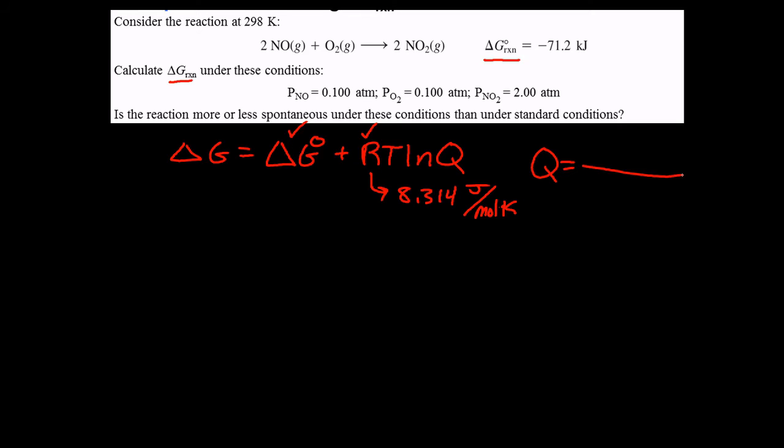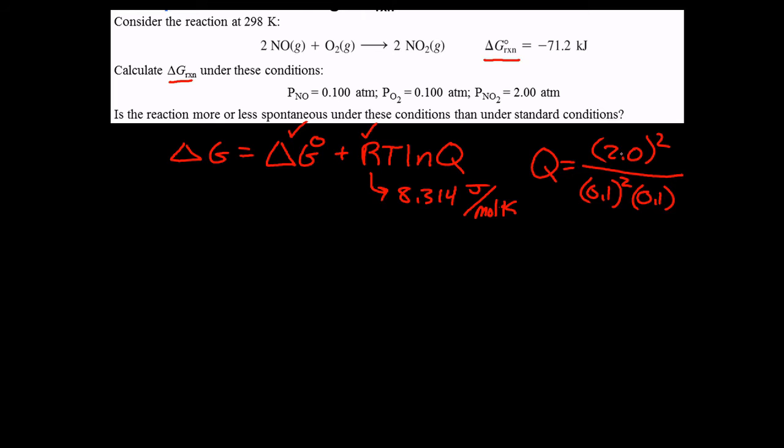So Q for this particular reaction is going to be the pressure of NO2, which is 2, raised to the second, over, because that's our only product, so that's the only thing in the numerator, the pressure of NO, which is 0.1, raised to its coefficient, which is 2, times the pressure of O2 raised to its coefficient, which is just 1, so you can leave it with nothing there, and it's understood to be 1.